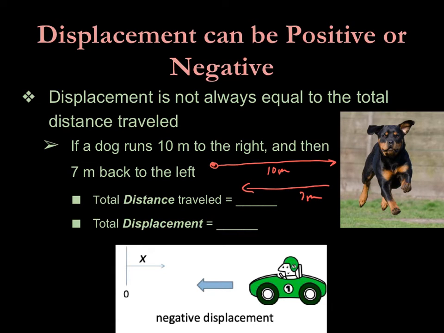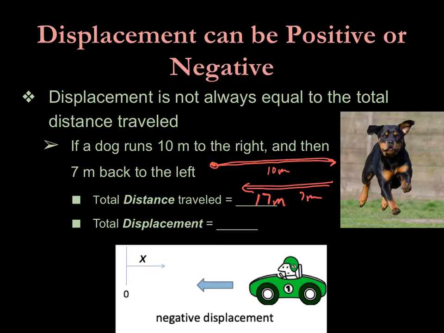Okay, let's say this is our total travel. You throw the ball, dog runs, gets it, comes back. In this case, the total distance that the dog has traveled, it's gone 10 meters away, 7 meters back. So the total distance that the dog traveled is 17 meters.